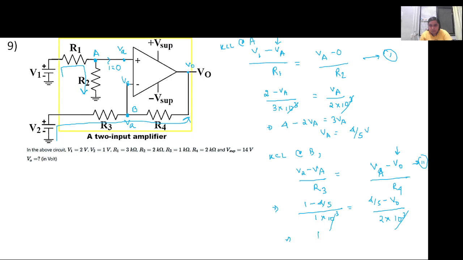So this is 1 by 5. The 2 from this side I am bringing on top: 4 by 5 minus V0. So V0 will be equal to 2 by 5 plus 4 by 5, 6 by 5 volt.